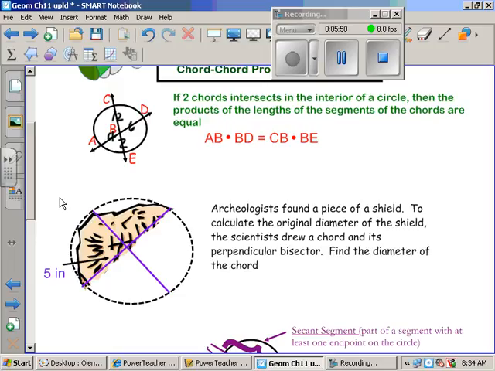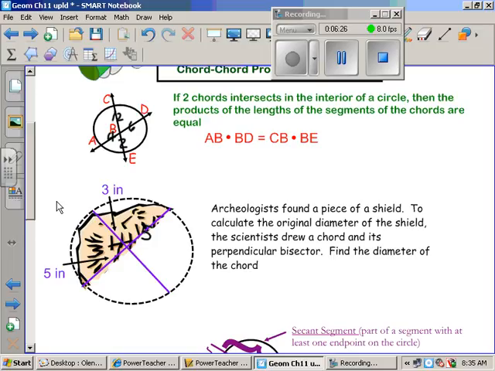So what they did was they drew, and we know that if you draw a radius or diameter through a chord, and it's perpendicular, that's a perpendicular bisector, right? So if from here to here is 5, how much is it from here to here? 5. Okay? And then they measured this. Because they know from the top to there, that's 3, because they could measure that.